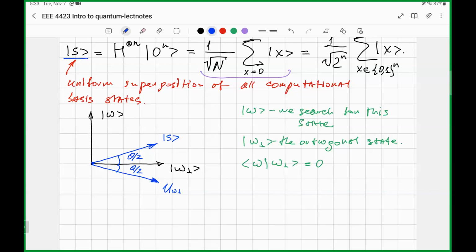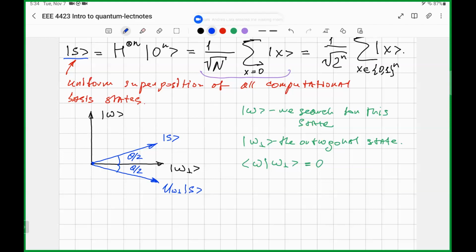It's a matrix that reflects the state vector S across the vector omega orthogonal.